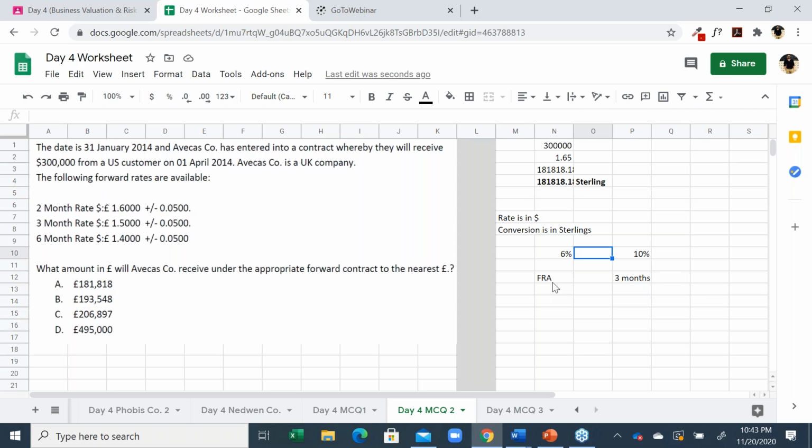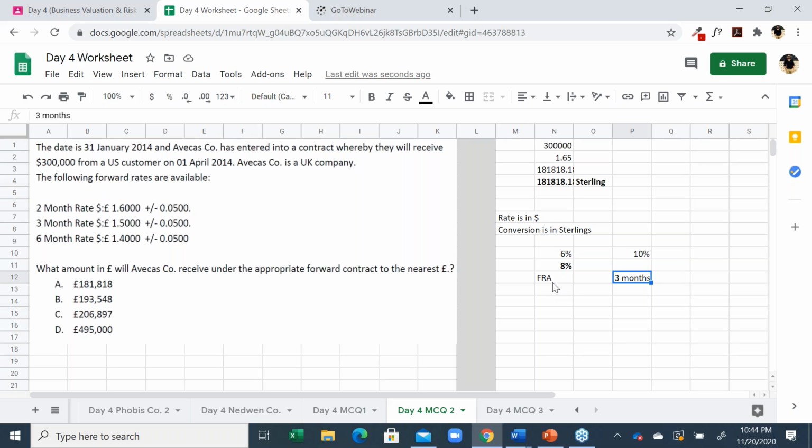So I may ask the bank to fix this rate today, and the bank may say, okay, fine, let me fix the rate at 8%. I'm just randomly picking the numbers. So whenever I go to the bank, the bank is going to charge me 8% interest for the loan that I'm going to take after 3 months.